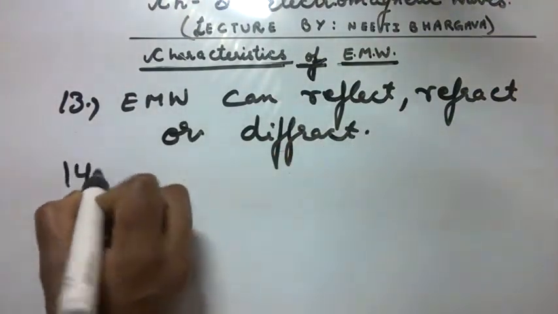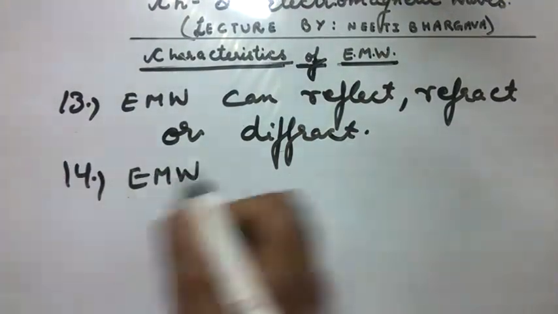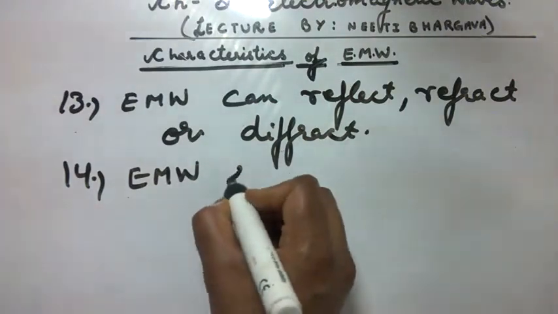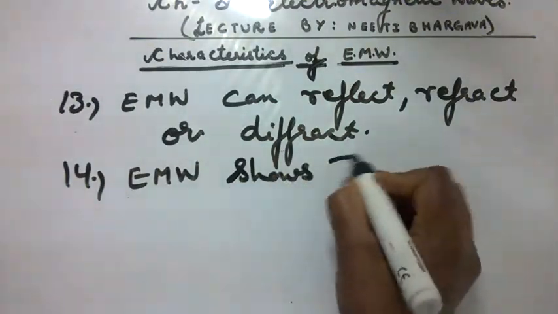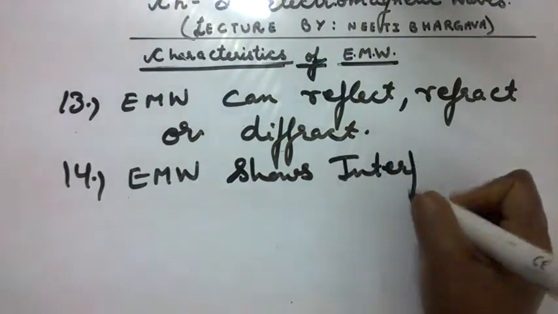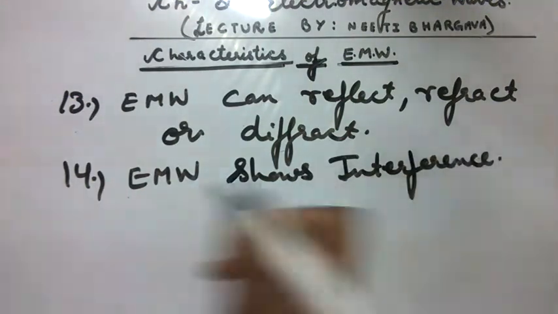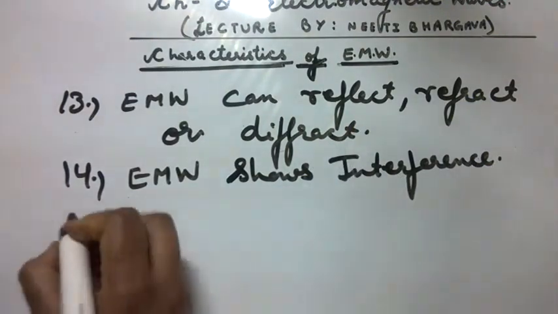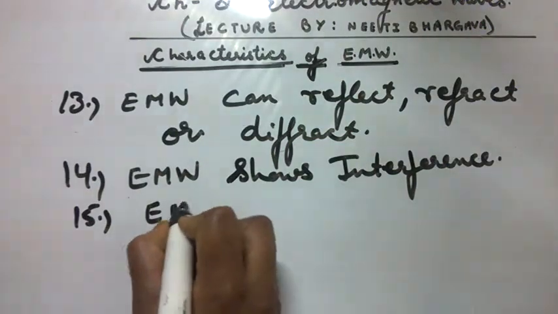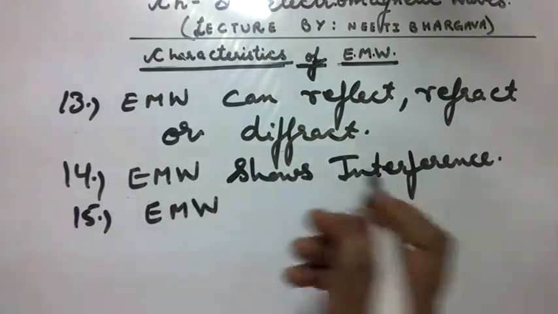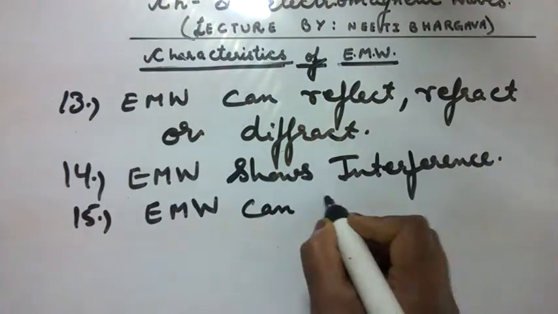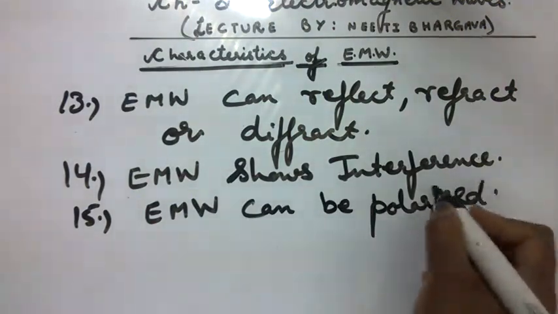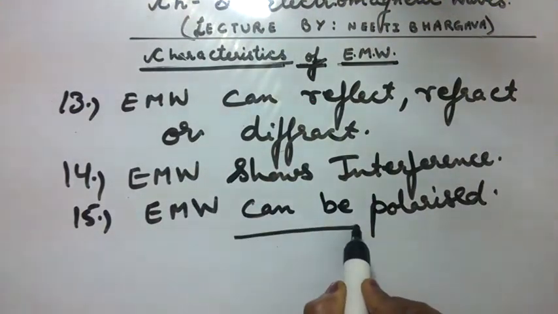Also, electromagnetic wave shows the phenomena of interference. In wave optics, we will study about interference and diffraction, and electromagnetic wave can be polarized. Now these are more than sufficient characteristics which we have studied.